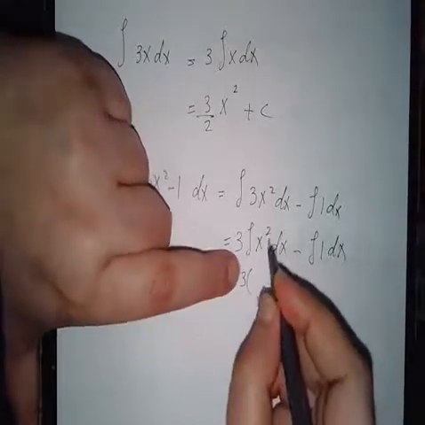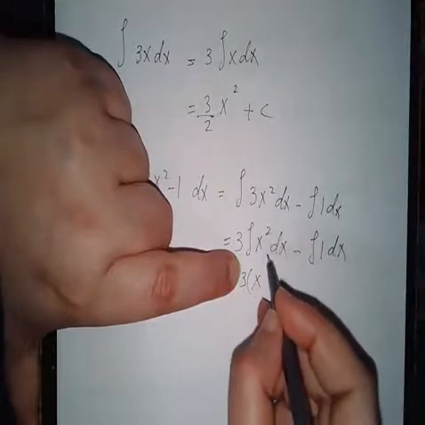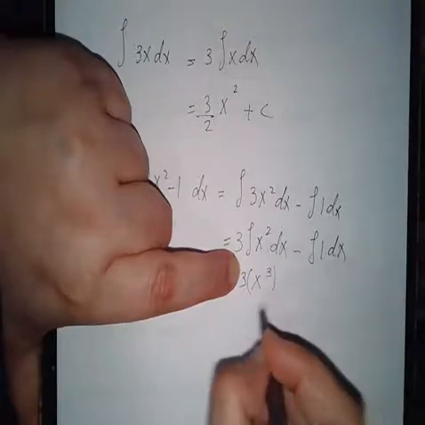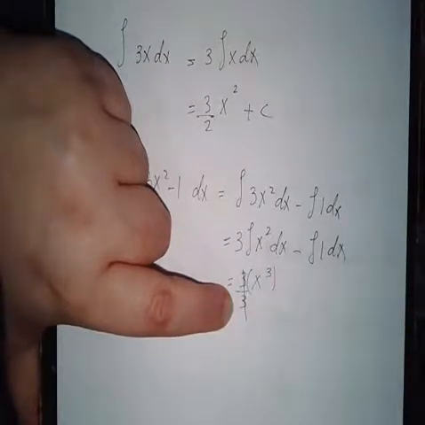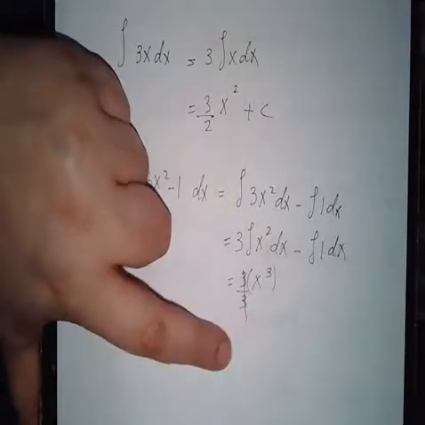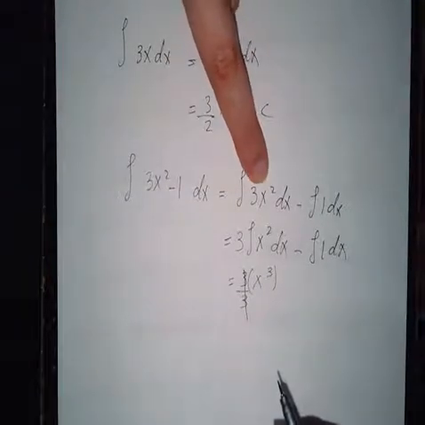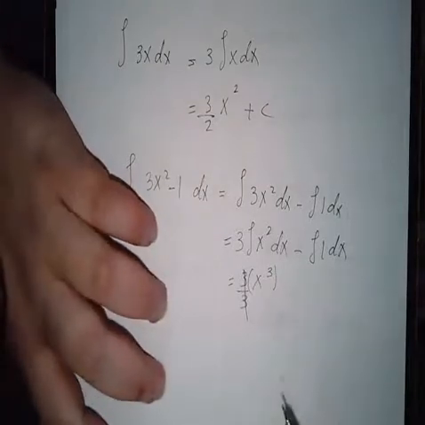So I'm multiplying it times x to what power? It's going to be n plus 1, right? So 2 plus 1 making it 3, and then dividing by 3. So this cancels. You end up with x cubed, just x cubed. Which makes sense. This is the one we played with a lot at the beginning of the first video. 3x squared. And the answer for that was x cubed.